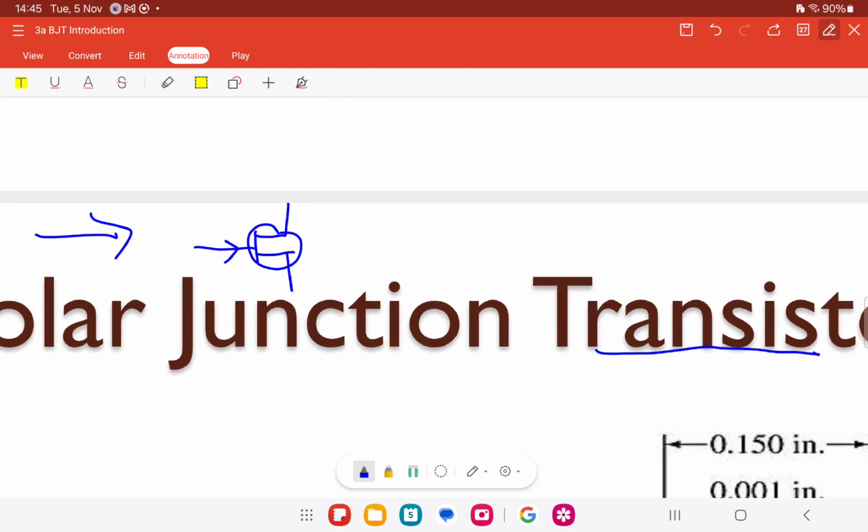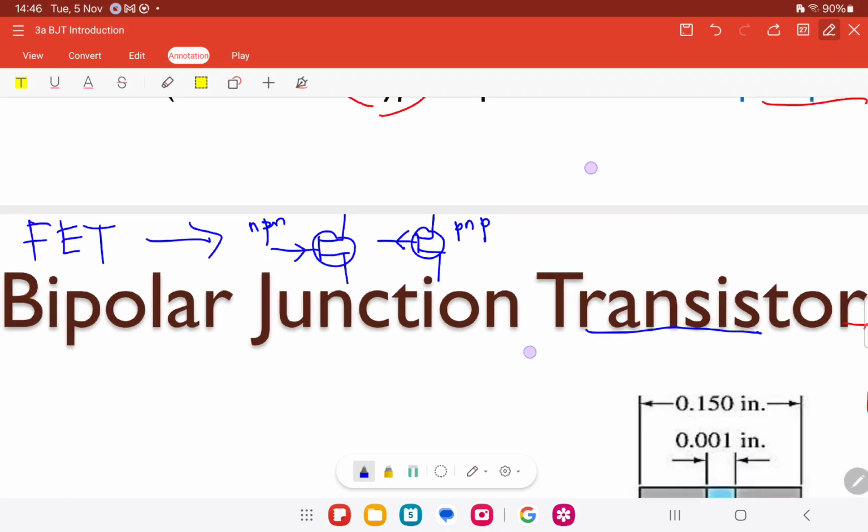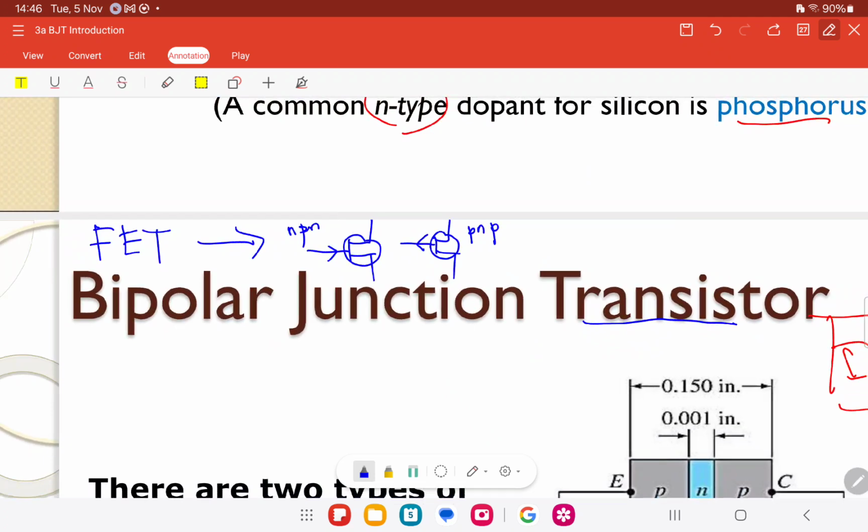This one is NPN. Kalau dia punya PNP dia akan terbalik, arrow dia akan keluar. Okay, this one is NPN, this will be PNP. Okay, that is for FET.